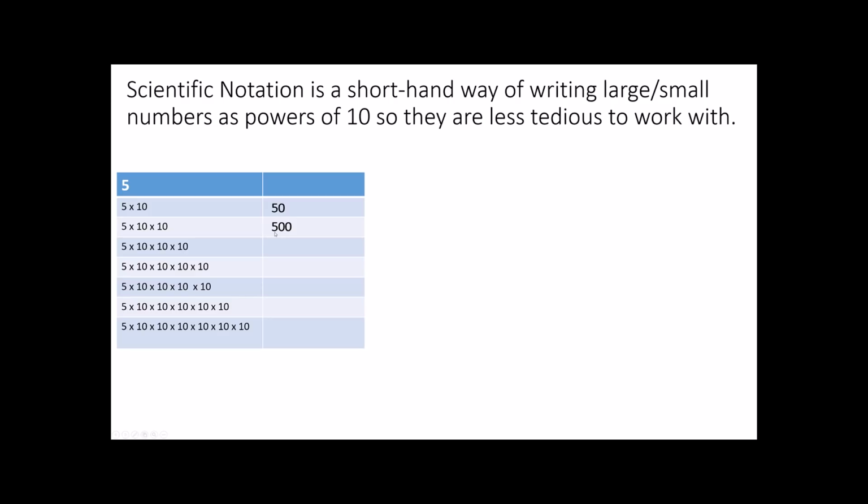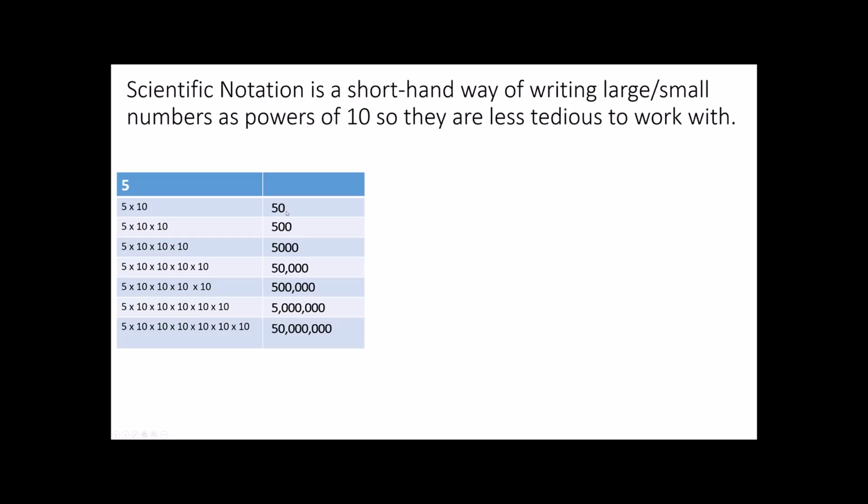If I multiply by a 10 again, that 5 has moved over and has become now a 500, and a 5,000, and a 50,000, a 500,000, and a 5 million, and a 50 million. Every time I multiply by a 10, the value of this number changes, and that's represented by its location or its place value. Notice, in my original 5, the decimal point would be located here to the right of the 5.